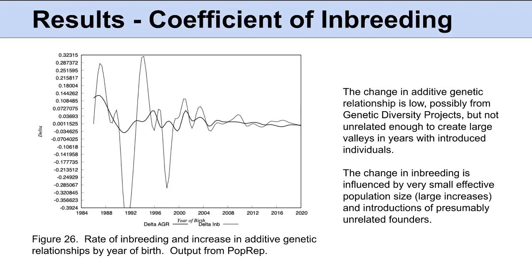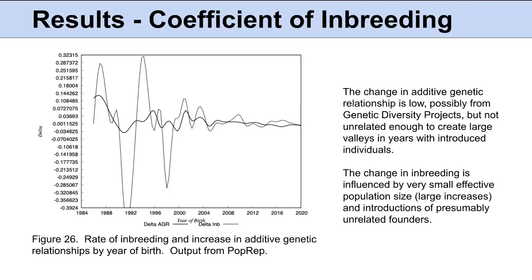And what it's telling us is that our population of silkens is not necessarily becoming more related, and this may be due to the introduction of genetic diversity projects, but they're not unrelated enough to create large valleys like we see in the change in inbreeding line.